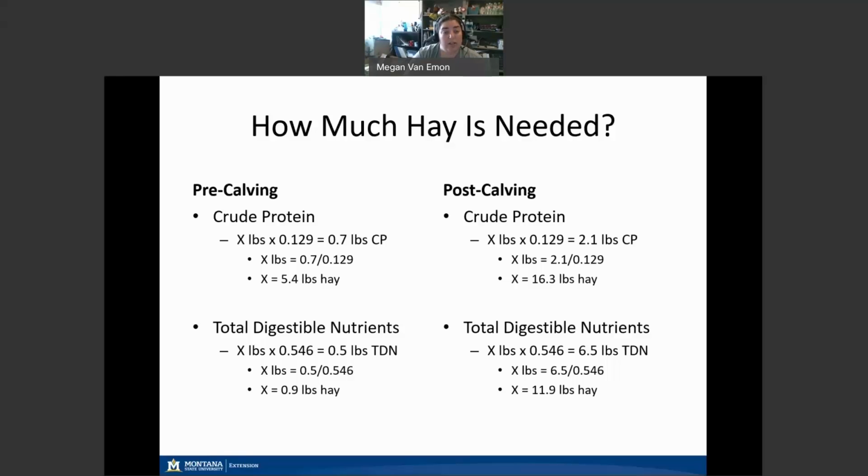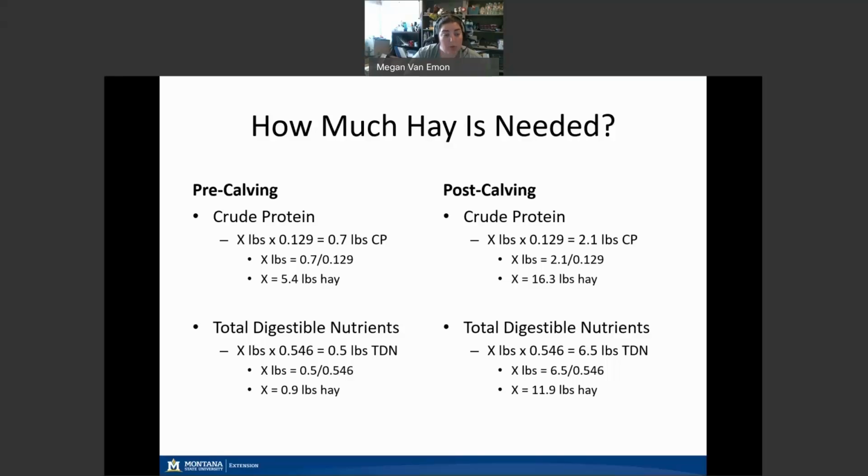For this it was a 12.9% protein hay, so we multiply X by 0.129. Then we're solving for the 0.7 pounds of protein that she was short consuming that pasture. So if we solve for X, basically we divide 0.7 by 0.129, and we get 5.4 pounds of hay needed to make the crude protein up.